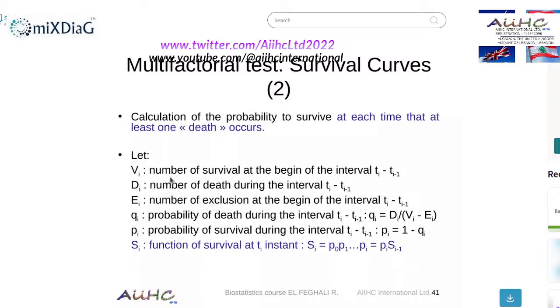We count the number of deaths during the interval T I minus 1 to T I. This is a study you make backward. You go from now backward 5 years, for example. We take as a sample the yellow vests, or protesters, who have been protesting for 5 years. How many of them have died during this police violence, and how many of them remained alive.